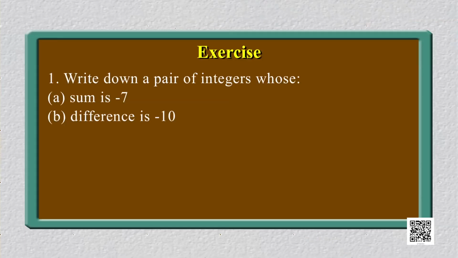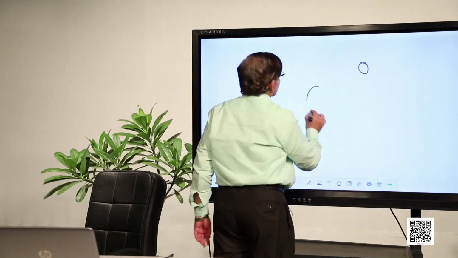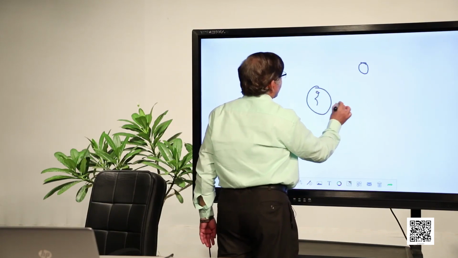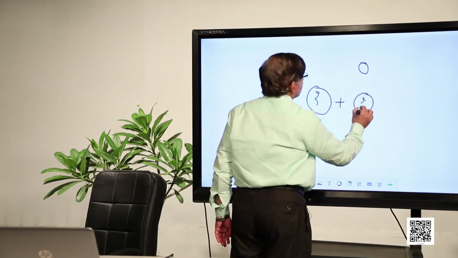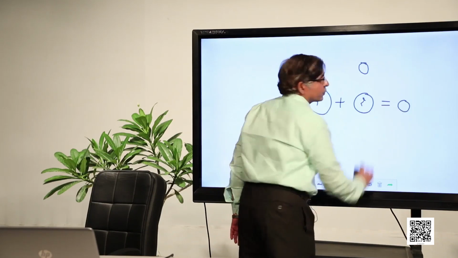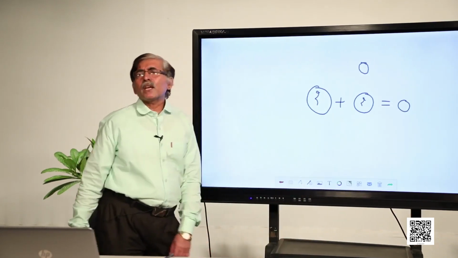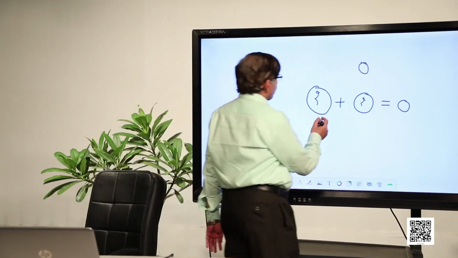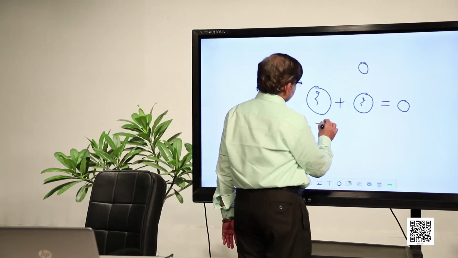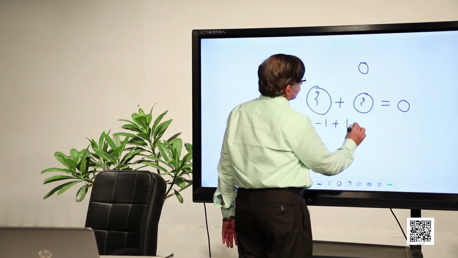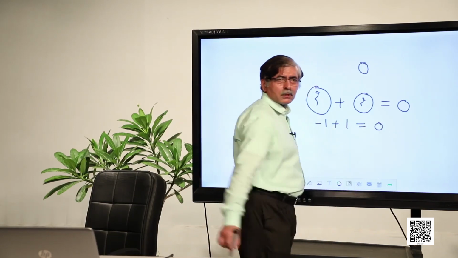There is one question: write down a pair of integers whose sum is 0. We have to find two numbers, two unknowns, whose sum is 0, right. So, you can find many more pairs. One pair may be minus 1 and plus 1, this may give 0.